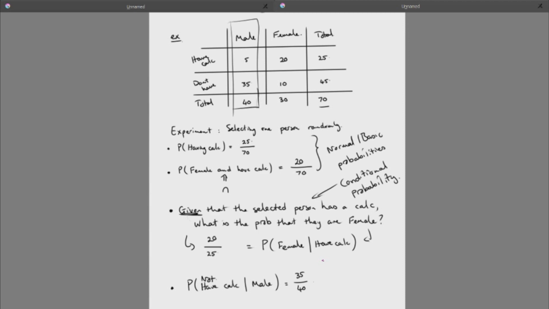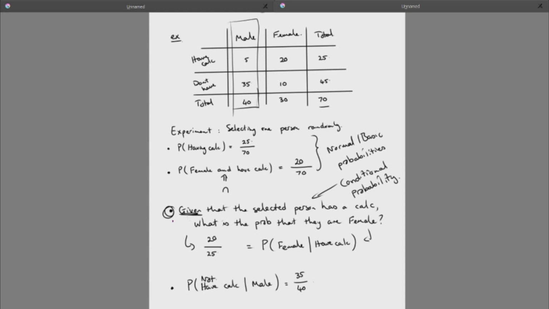Any questions on this newish conditional probability concept? Yes. So if you use the 40 for the one that we just did, wouldn't you have used 30 for the given information in the second one, this one, was different. Oh, okay. Given the person has a calculator, that was the reduction of the whole pool of people.